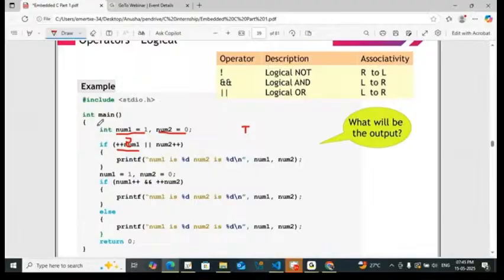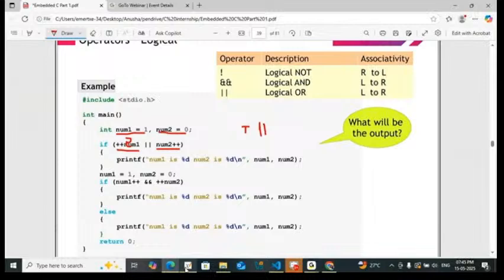In logical OR, when the first input is true, it will not check for the second input. So I have true and I am using logical OR. My first input is true, so I'm not going to waste time checking the second input.